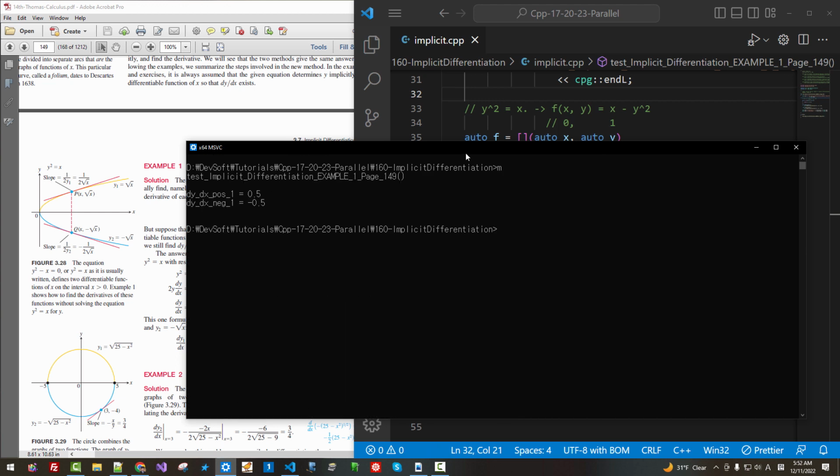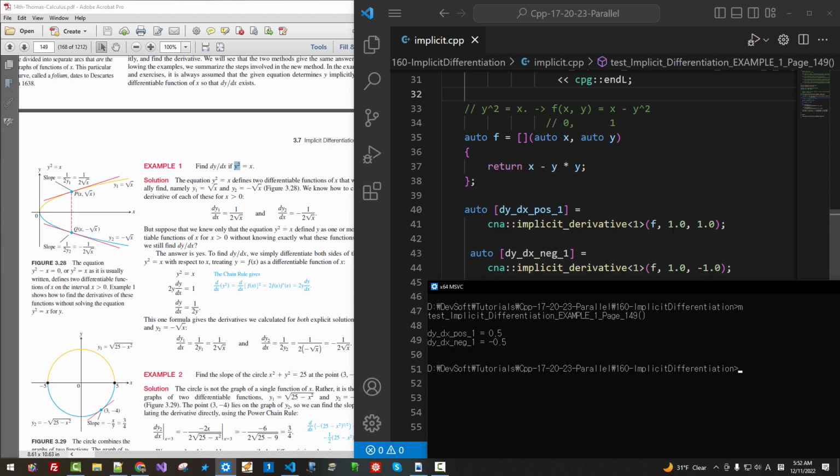Run m. It means at point 1, 1. This represents point x coordinate, y coordinate. The slope is 0.5. At point 1.0, negative 1.0, the slope is negative 0.5.